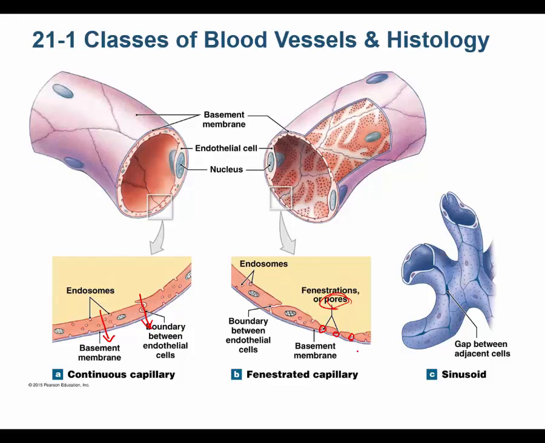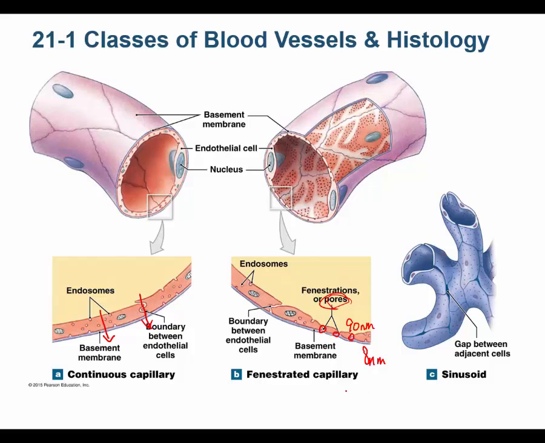Now, some of these fenestra, let me see if I can remember the size of them. They are about 90 nanometers. Not very big, 90 nanometers. But big enough to allow proteins through. I mean, albumin's probably about 8 nanometers.